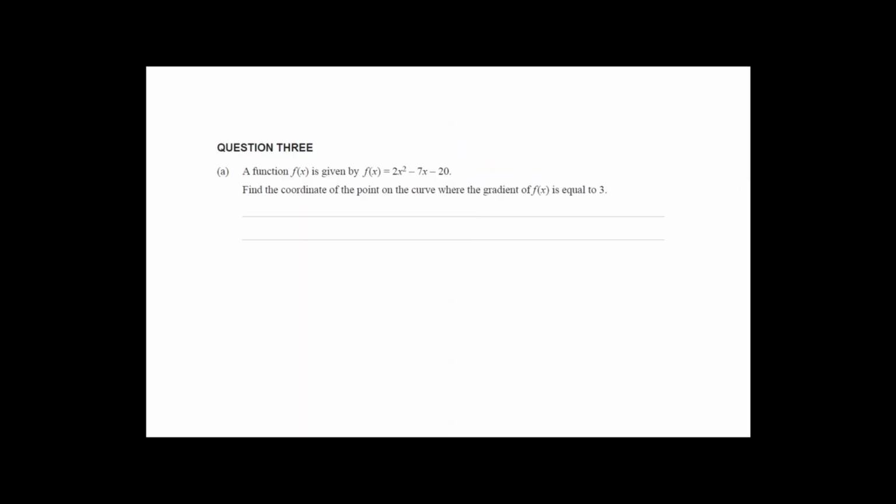A function is given by this. Find the coordinate of the point on the curve where the gradient is equal to 3. So in other words, we want to differentiate it and set it equal to 3, and then solve for x. So 2 times 2 is 4x minus 7, and we're going to set that equal to 3 and then solve for x.